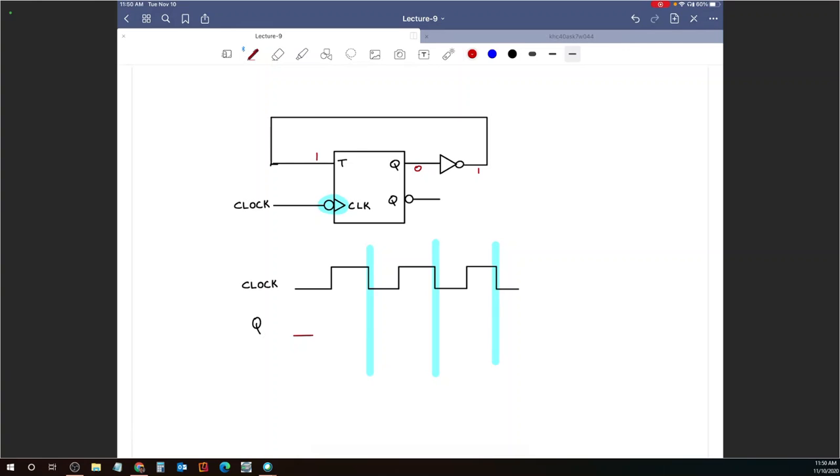So from here until here, it is going to stay at 0. But at the next negative edge, we have a T input, which is 1 because of this. So what is going to happen? It's going to toggle here from 0 to a 1.